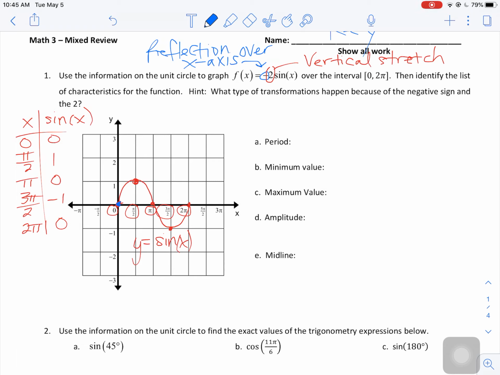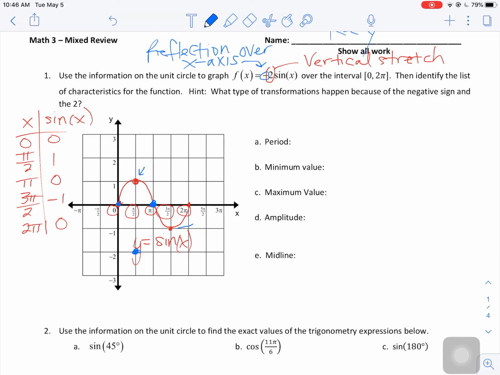Next point over, I take the value of 1, because that's the y-coordinate. So I'm looking at this point right here. I'm going to multiply that basically by negative 2. So 1 times negative 2 is negative 2. So I'm going to be down here instead of up at positive 1. I'm going to be down at negative 2. Next point, pi, comma 0 is just going to stay put because 0 times negative 2 is 0.